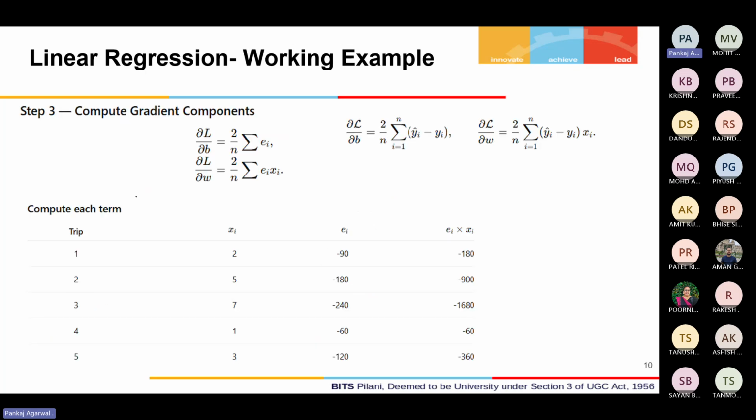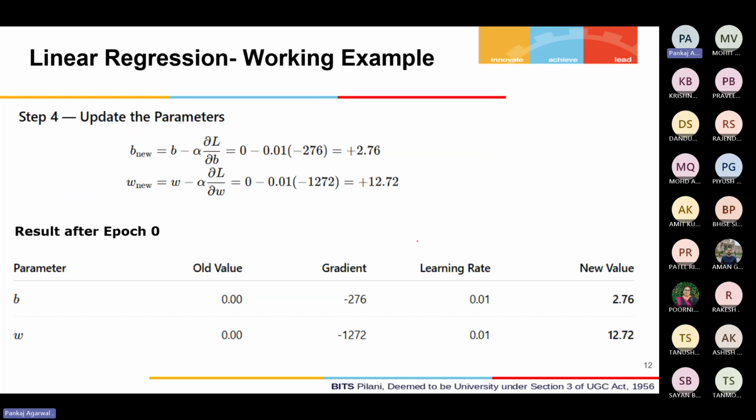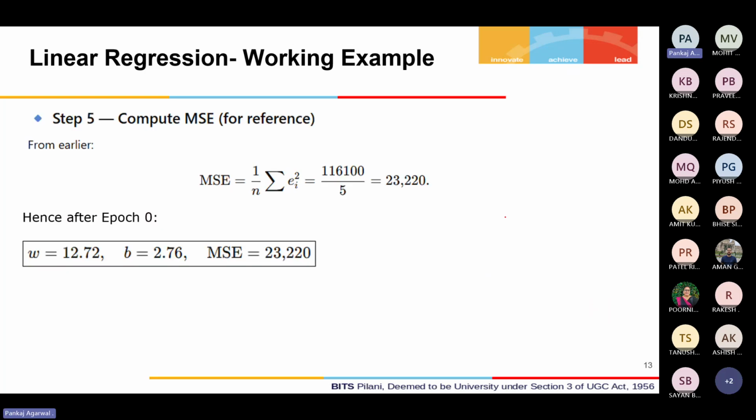Then I showed you the updates, how the gradients got calculated, and ultimately we came up with the sum of errors and plugged in the formulas. So I showed you the result after epoch 0. This is what we got, and then we computed the MSE.